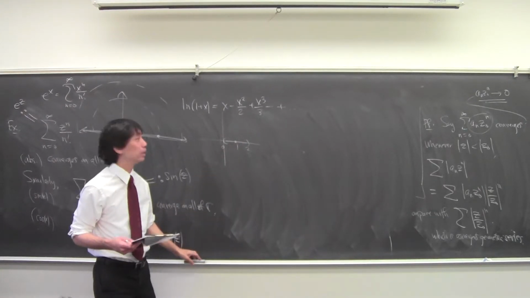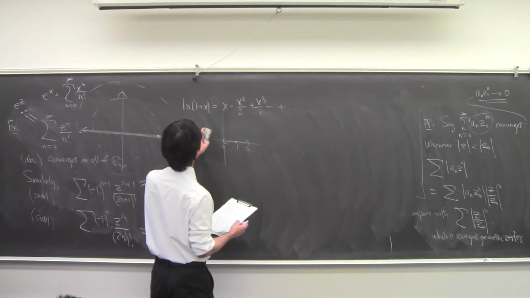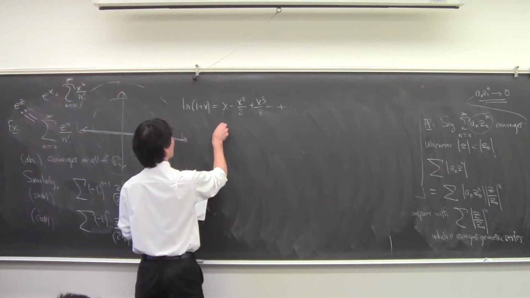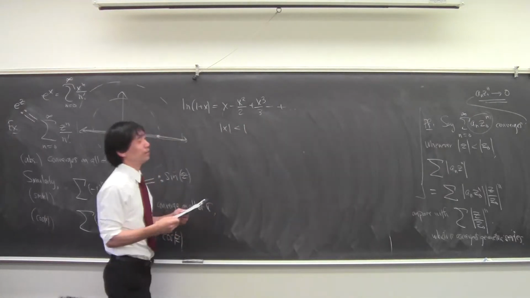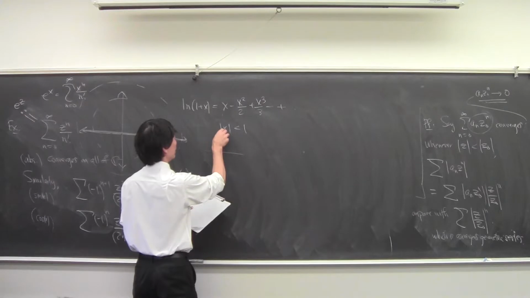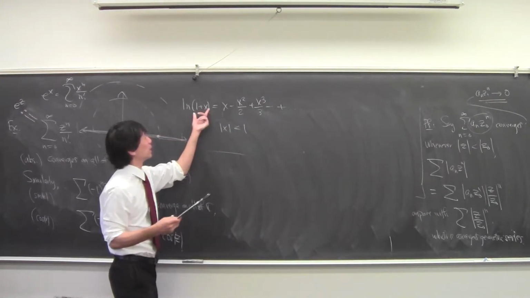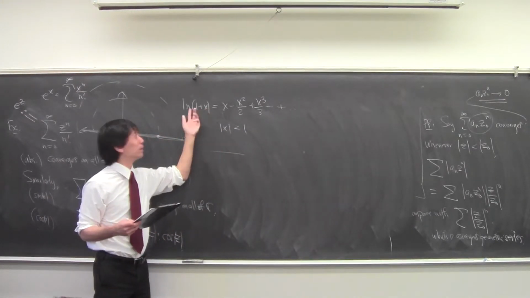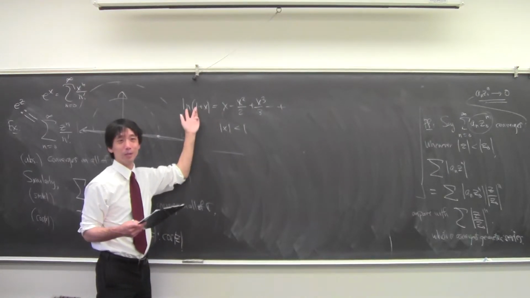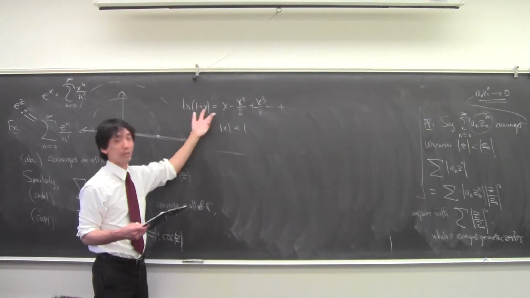That has a convergence for x smaller than 1, which means that you can get the natural log between 0 and 2.